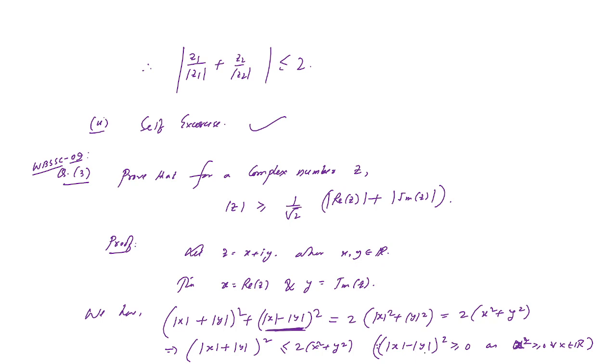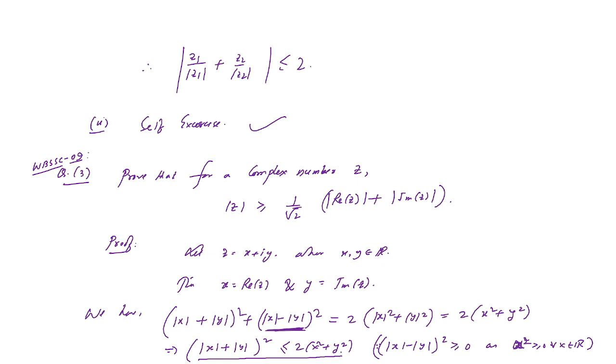Here mod x is a real number, mod y is a real number, so mod x minus mod y is also a real number, and its square is always greater than or equal to 0. So we have this inequality. This inequality we get very easily.